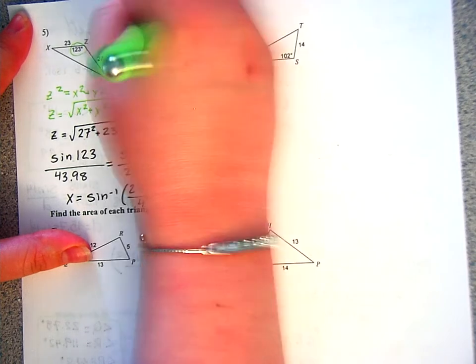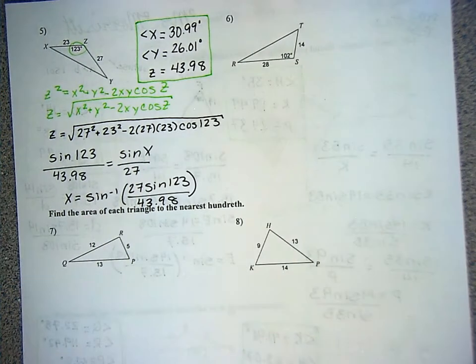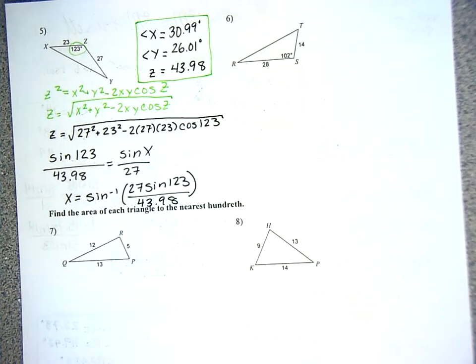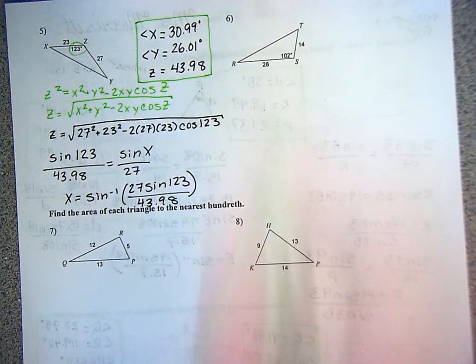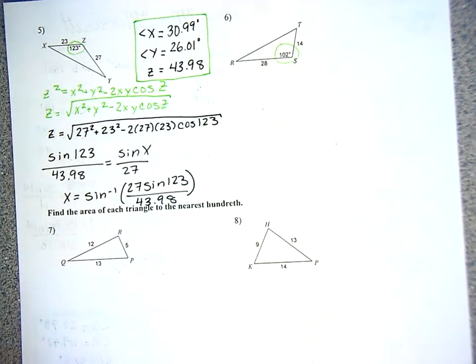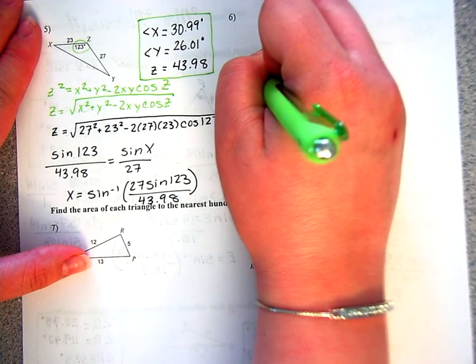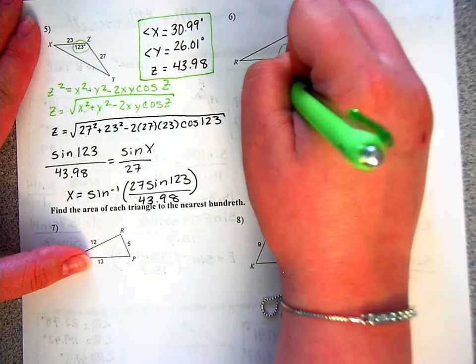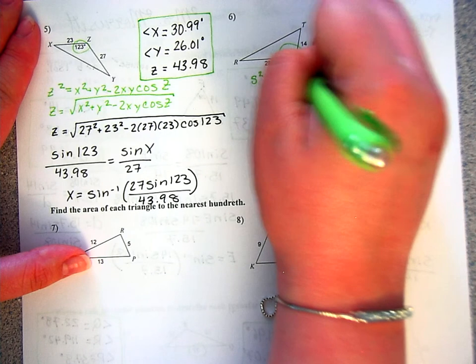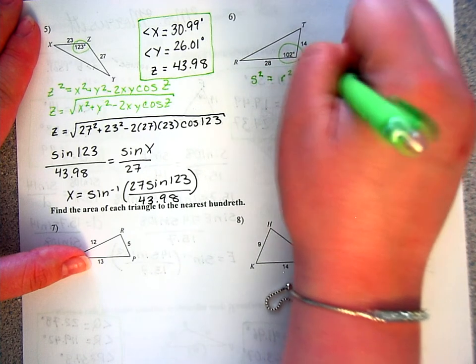Again, on number 6, I have side angle side, so it's a law of cosines case. I use the angle that I'm given. So the form that I'm plugging into is going to be that s squared equals r squared plus t squared minus 2 times rt times cosine s. And I know I'm going to have to do that square root portion.